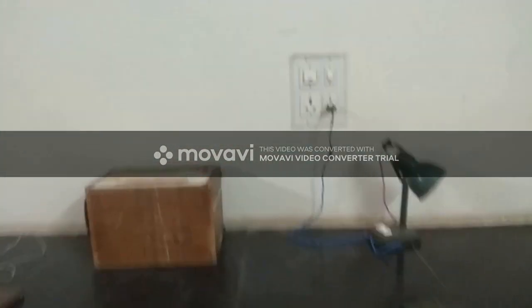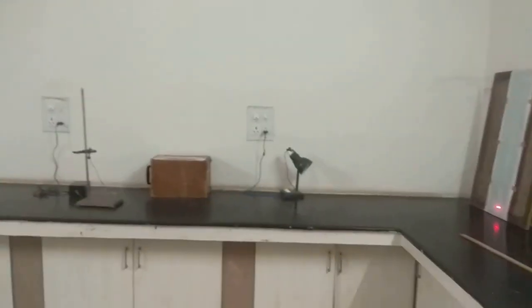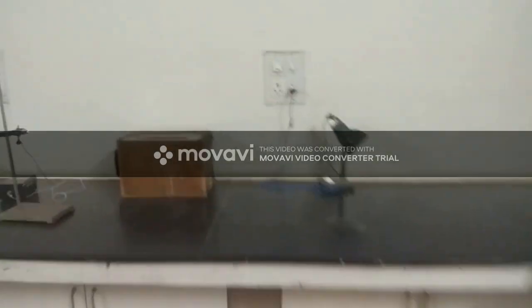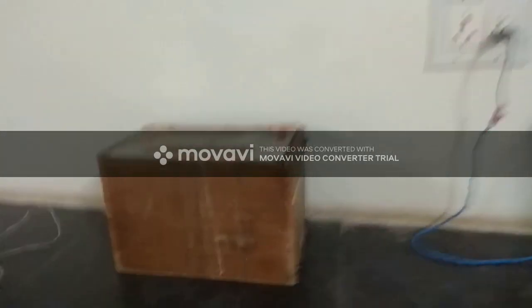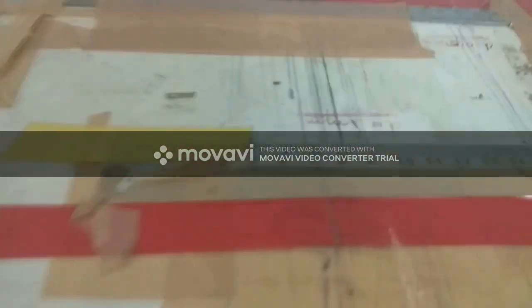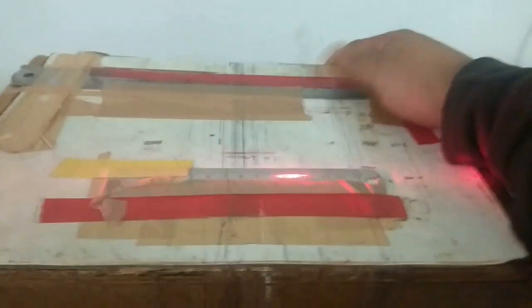From the laser source, the light comes like this, and the board is that way. I'll come to this place again. This is the surface on which the scale is present. I will bring this in the path of light. You see, I am bringing it in the path of light.